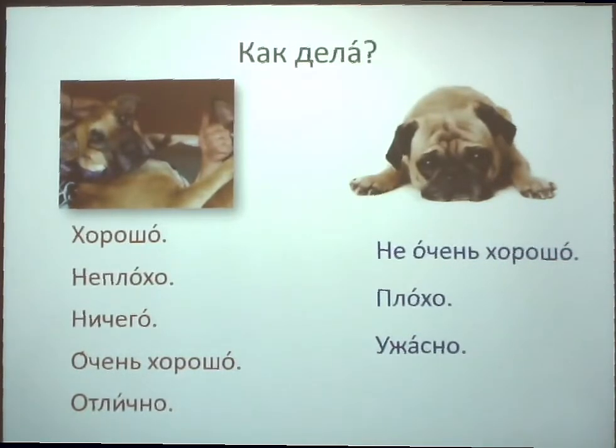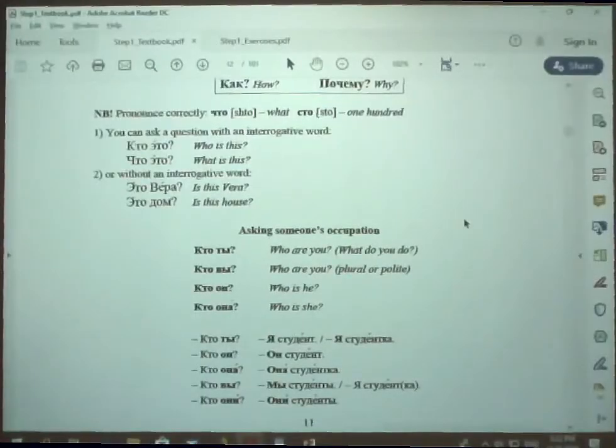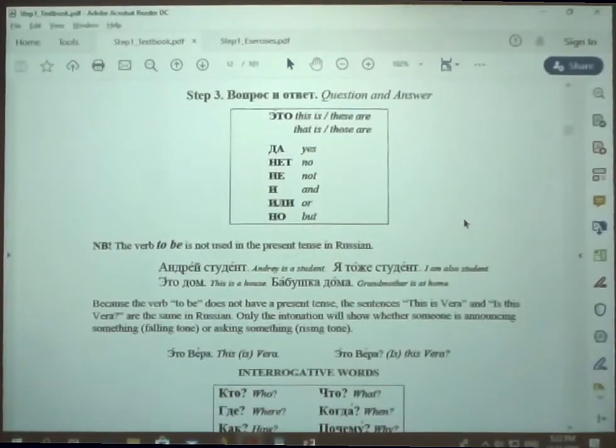And now please look учебник, страница 11. Here we have more useful words that we use every day. Let's read them together. Это, да, нет, не, и, или, но. And also here we have questions.